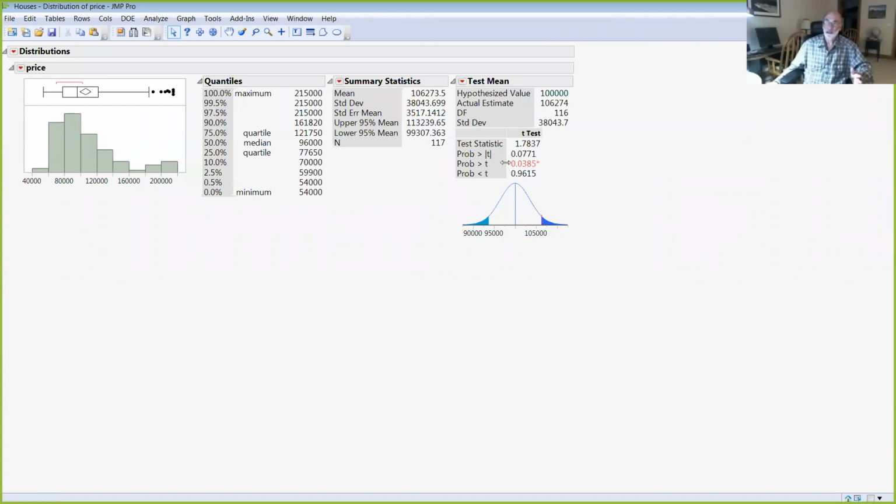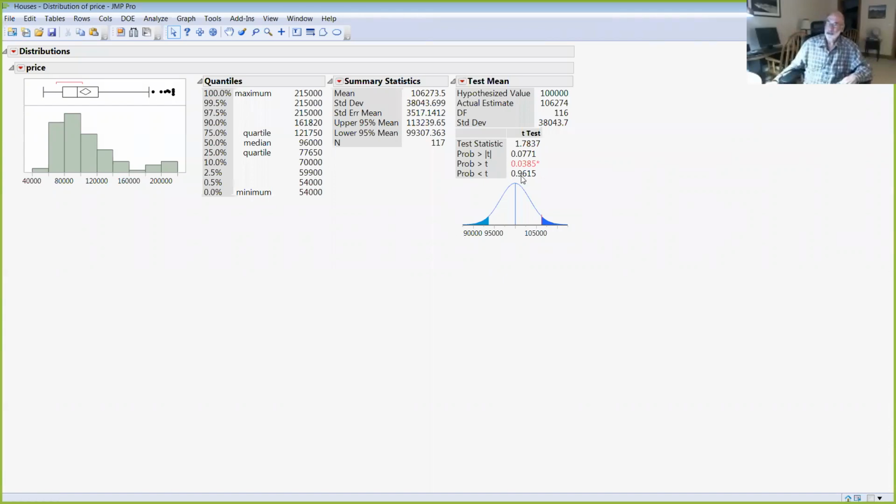The one-sided hypothesis test, one of them is always going to be exactly half of the two-sided hypothesis test, because this t-distribution, which is this bell-shaped curve, is symmetric, and the area that far away on one side has to be half of the area being that far away on the two sides.